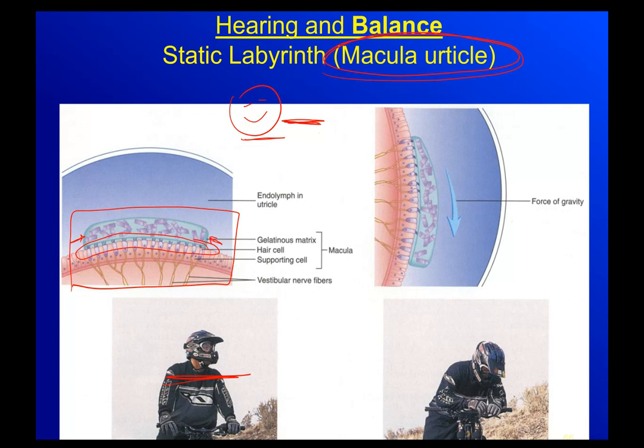So this particular organ is not sending signal. But when you put your head down like this, all of a sudden, this base of your skull is now facing that direction, right? So the otoliths and that gelatinous mass shift, bend those hairs, and a signal is sent up to your brain that your head just shifted.